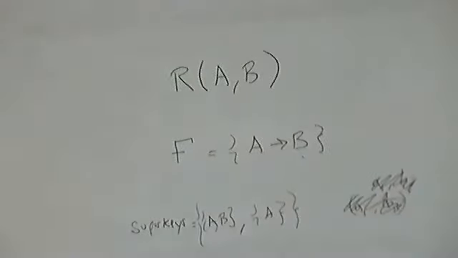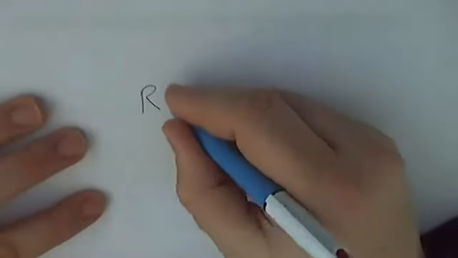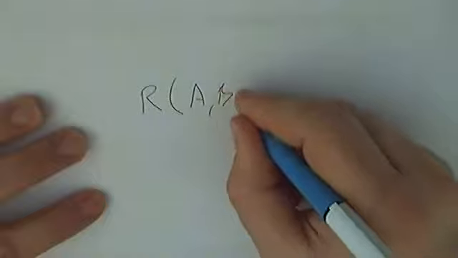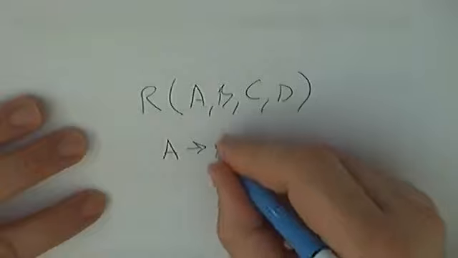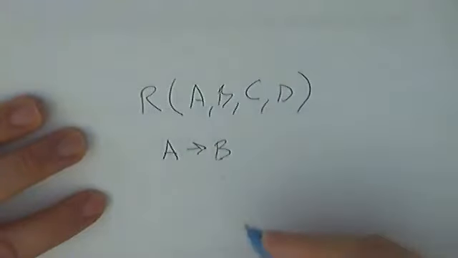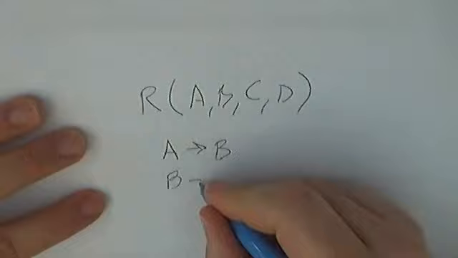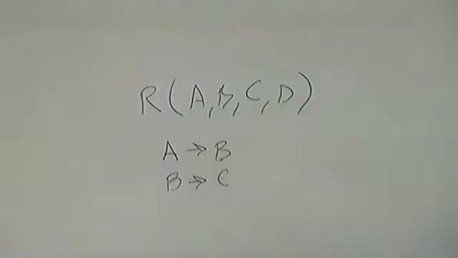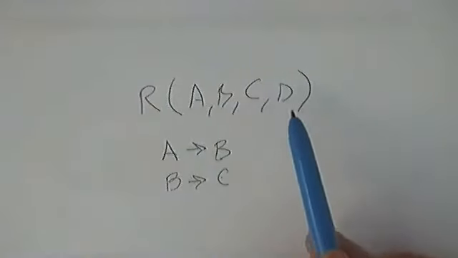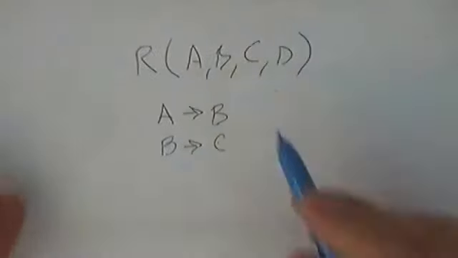All right, so let's take our break now. During the break, let's have something for people to think about. Here's a relation with attributes A, B, C, D. A goes to B, B goes to C. My question to everybody is, what is the full set of superkeys of this relation?